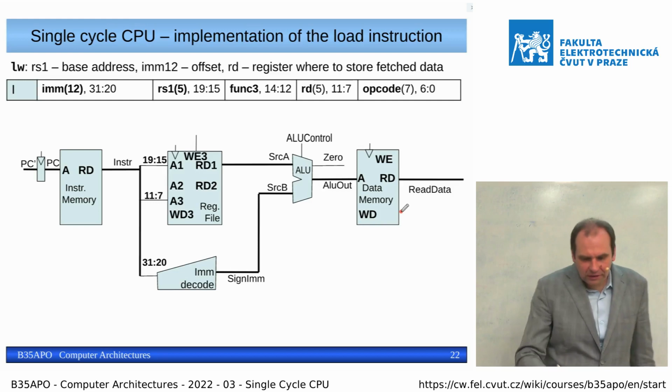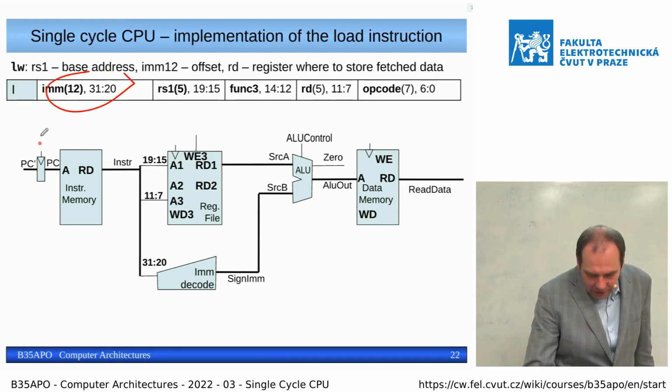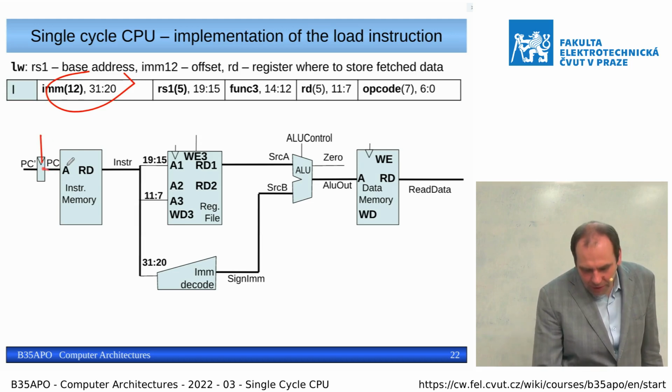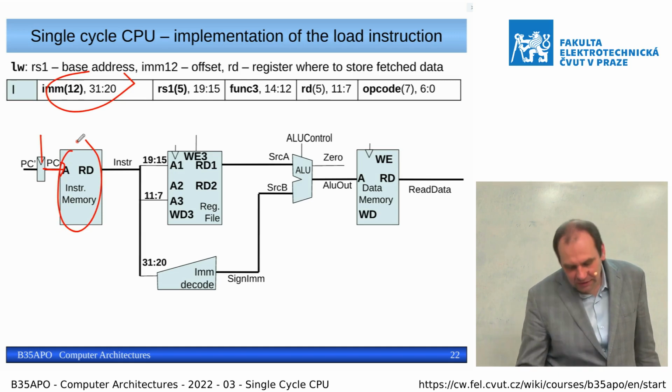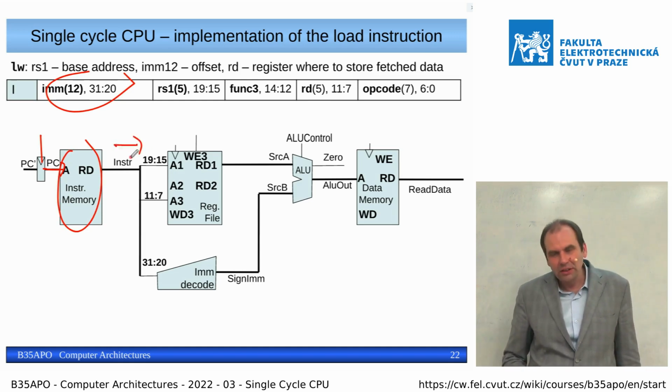So it is the encoding again. So it is the bits which we have. We have there a program counter. Program counter provides the address of the instruction. We read the instruction, which in our case we expect to be the instruction to load word.